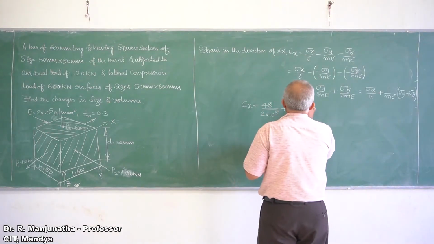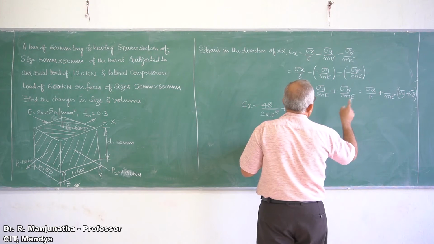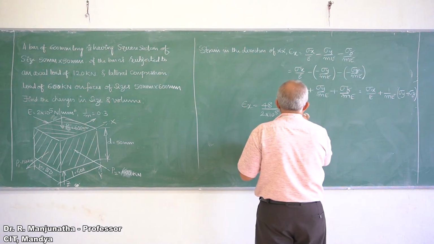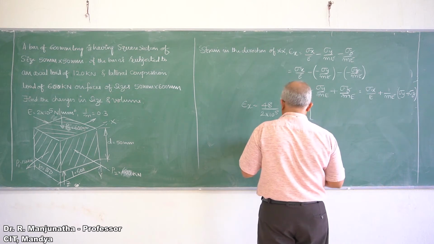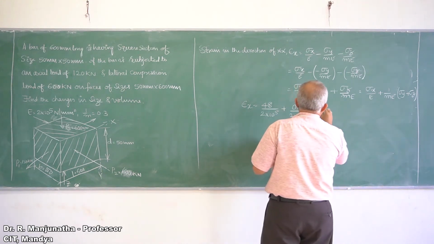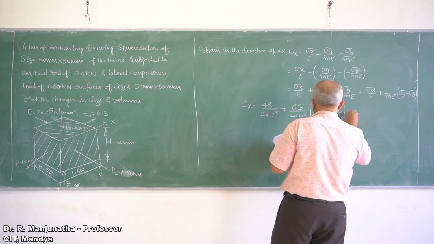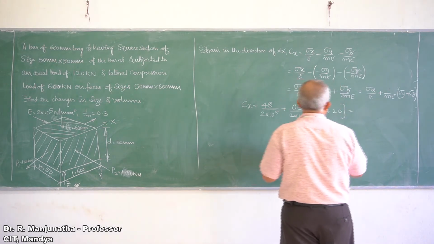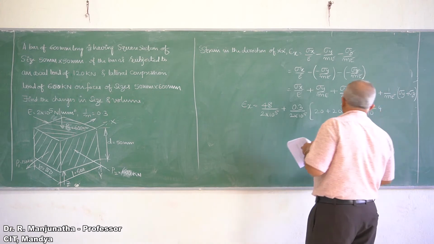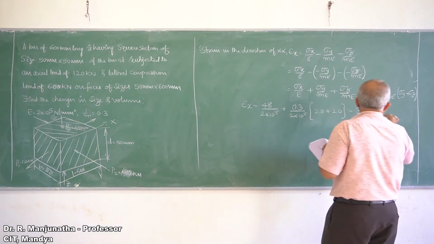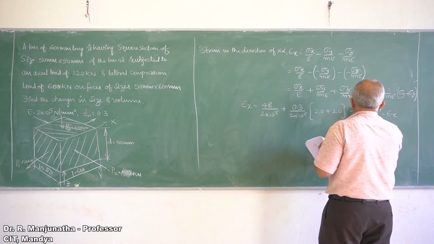It is 0.3. So 0.3 by E, that is 2 into 10 to the power of 5, into (sigma y plus sigma z), that is 20 plus 20. So that will be equal to 3 into 10 to the power of minus 4. So that is the value of epsilon x.